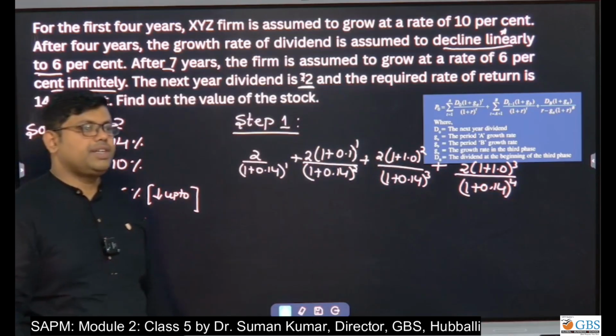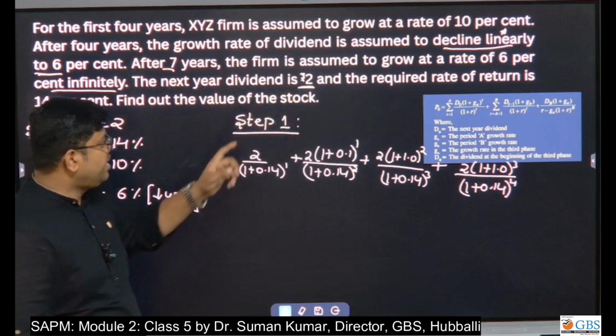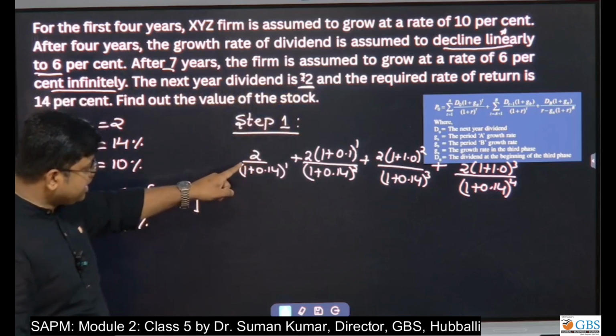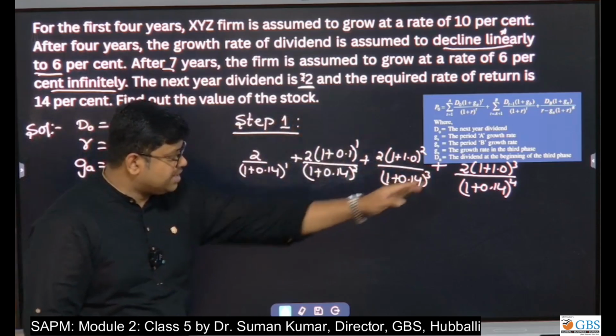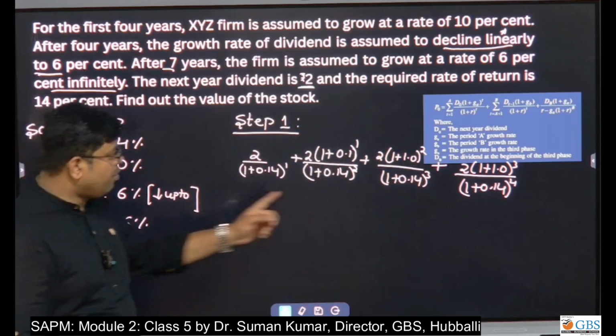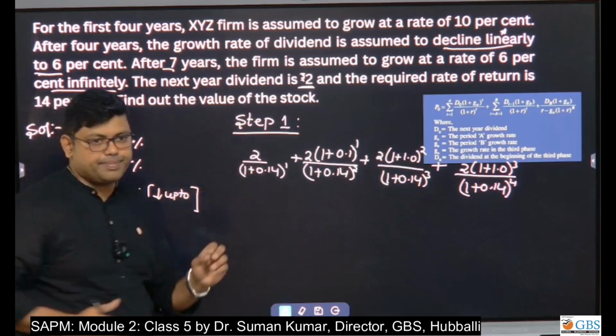So the difference is, in the first year the next year dividend is given, so there is no growth rate. In the second year onwards there is growth for 4 years. This is the first step.